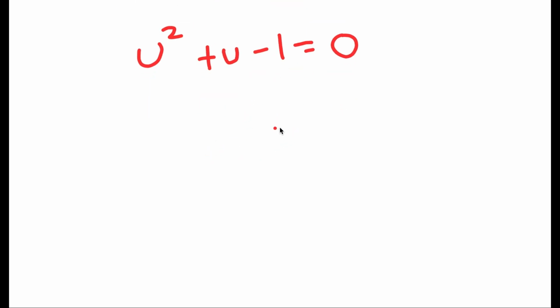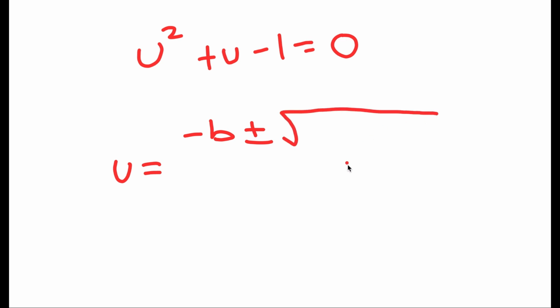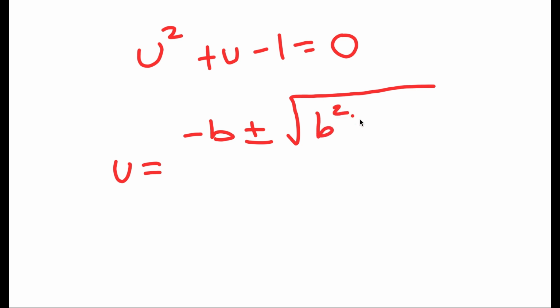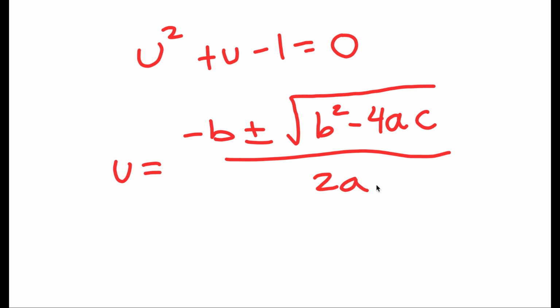And if you guys don't know what the quadratic formula is, it's negative b plus or minus the square root of b squared minus 4 times a times c all over 2 times a.